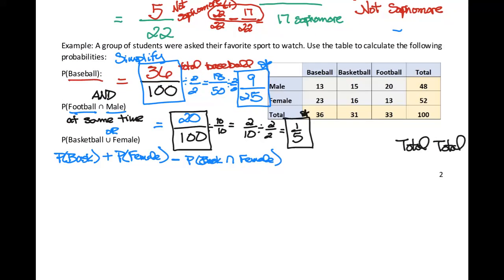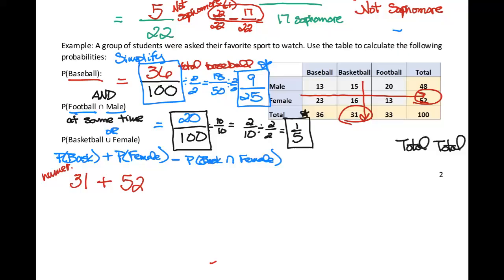So the probability of basketball or female. Here's my basketball right here. That's 31. And we're talking about just the numerator right now. Plus, I need the probability of all females. That's going to be 52. Now, take a look.